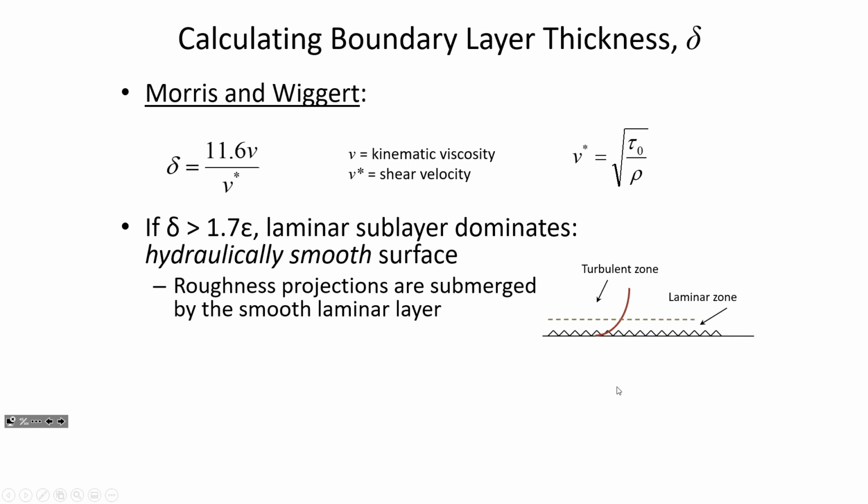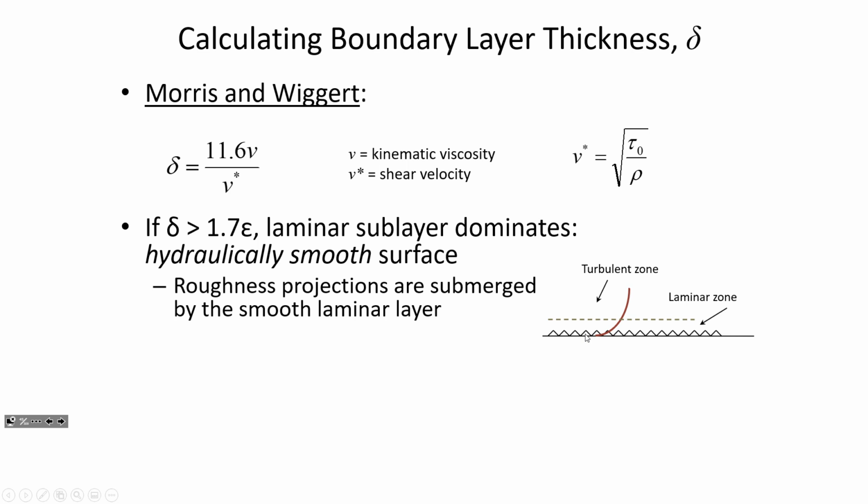So in that case, the thickness of the laminar sublayer is much larger than the roughness elements. You can think of this like mountain peaks. These little peaks are meant to represent the pipe. And if this was cast iron, this is kind of the undulations and the grains and the roughness of the cast iron itself.